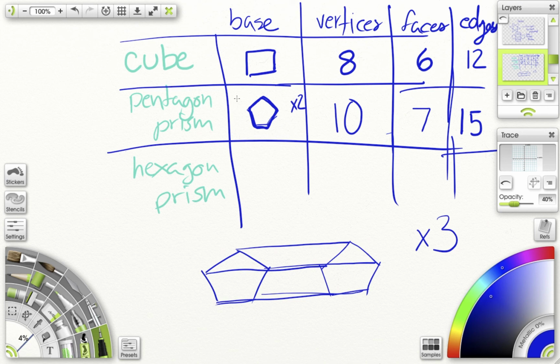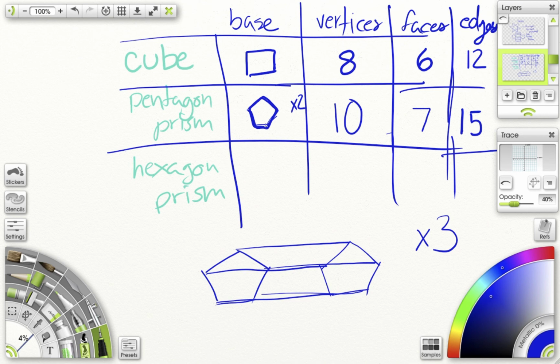I take 5 and I times it by 3. And that will give me the number of edges. Let's see if it works with the cube. 1, 2, 3, 4 sides. 4 times 3 equals 12. Is that the same number of edges? Yeah.